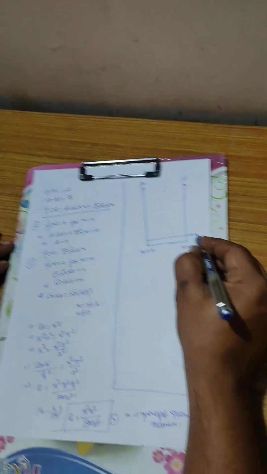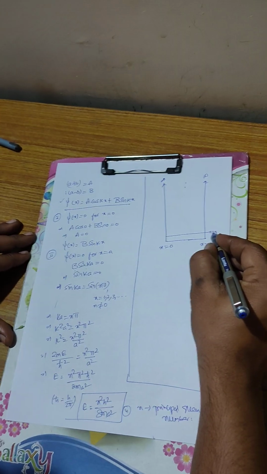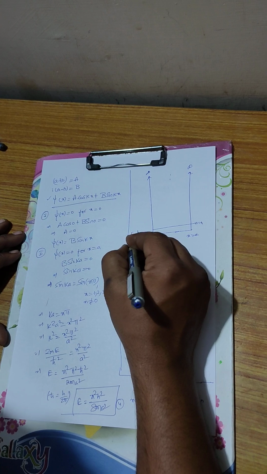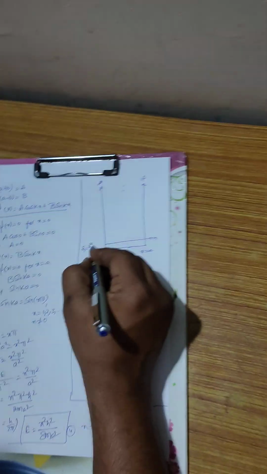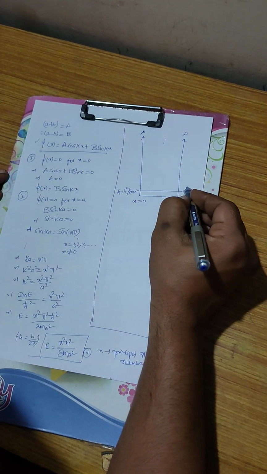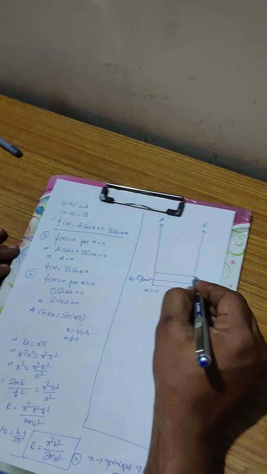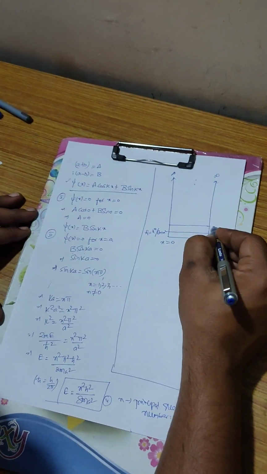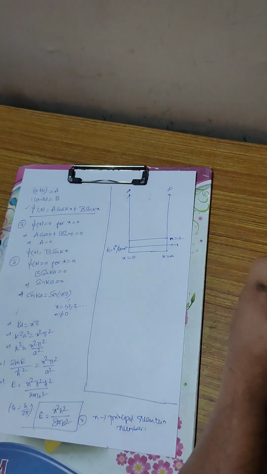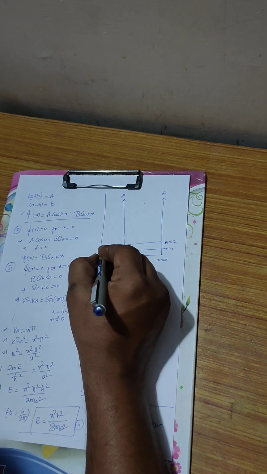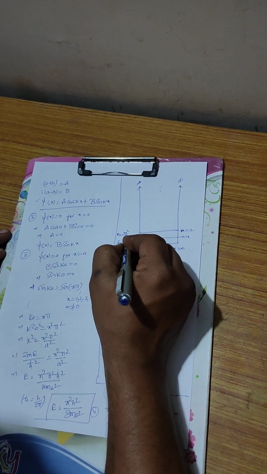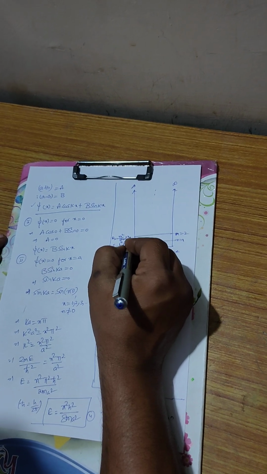For n equal to 1, the corresponding energy of the electron is given by E1 is equal to h square by 8ma square. Now if the electron moves to the first excited state, designated by n equal to 2, the corresponding energy is E2 is equal to 4h square by 8ma square, that is equal to 4E1.